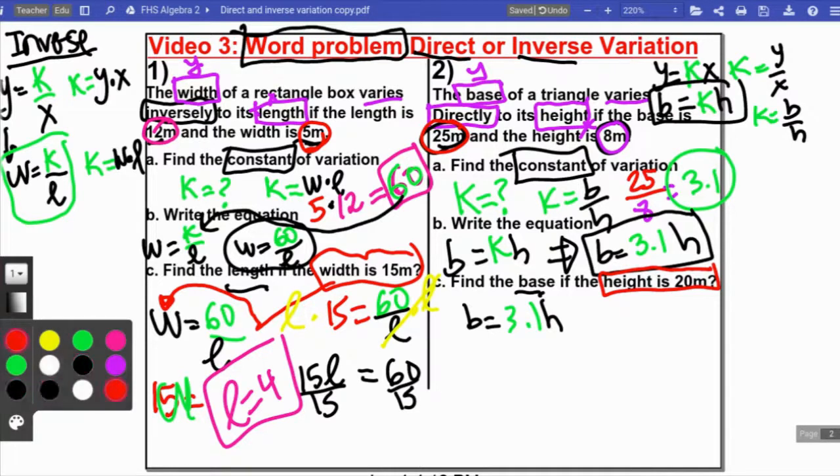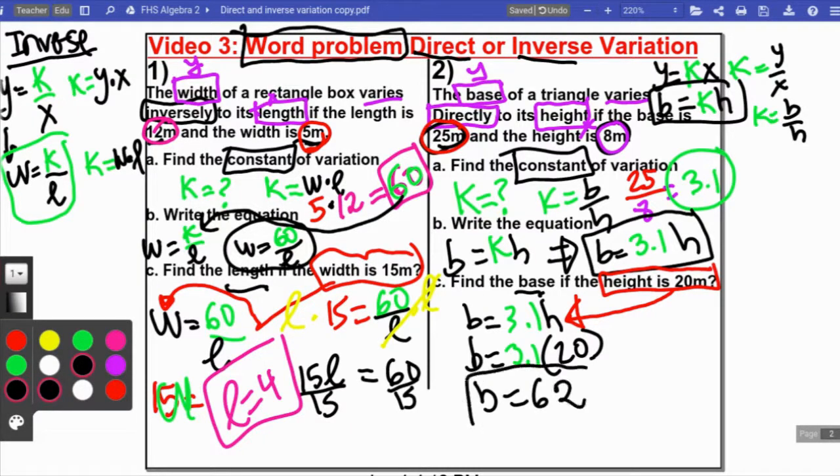So all you have to do, ladies and gentlemen, is take that 20 and plug it in for h right there. So B equals 3.1 times 20, and your answer is B equals 62. Ladies and gentlemen, we're done.